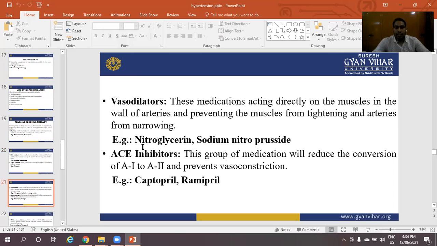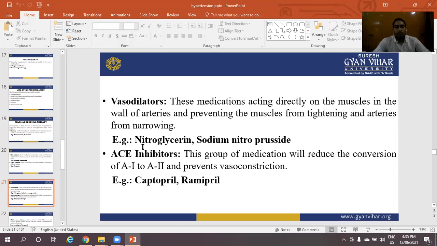Examples of vasodilators are nitroglycerin and sodium nitroprusside. These drugs are included in the vasodilators.